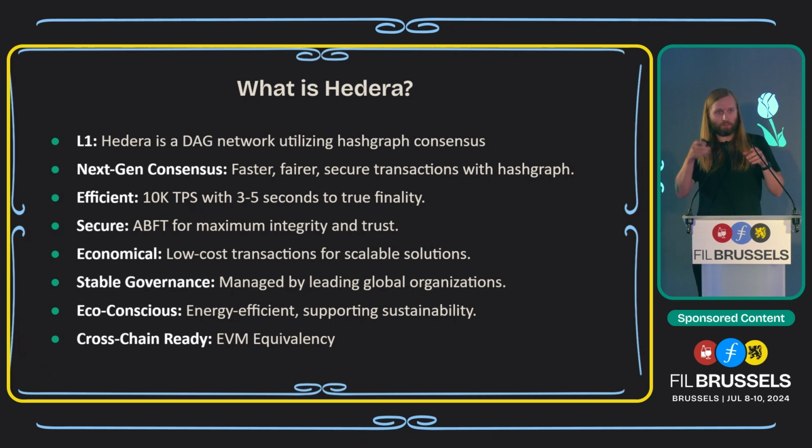A lot of these benefits that I'm talking about come from asynchronous Byzantine fault tolerance. So it has no leader to attack, and with that asynchronous ability, we also get a lot more integrity and trust with tokenized assets on the protocol. It's economical, so it does have low-cost transactions, but specifically, they're pegged to USD.